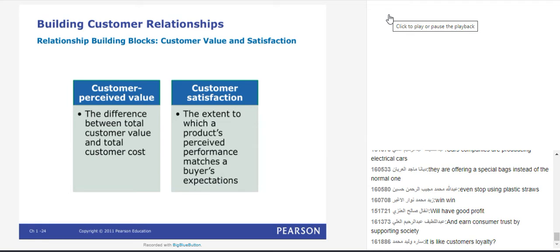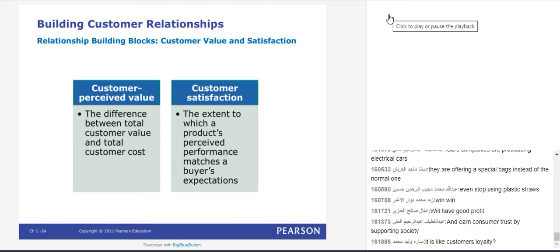They are like partners. Okay? So the company here is providing customers with more value than they promised. Here the perceived value is the difference between the value and the cost, and customers are satisfied when they compare the performance with the expectations.